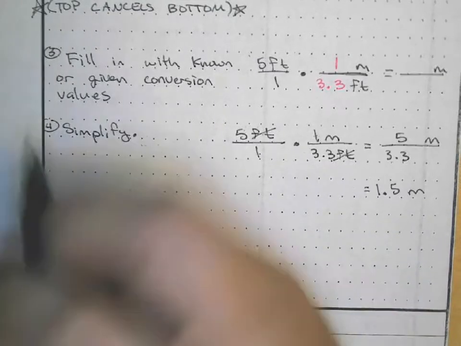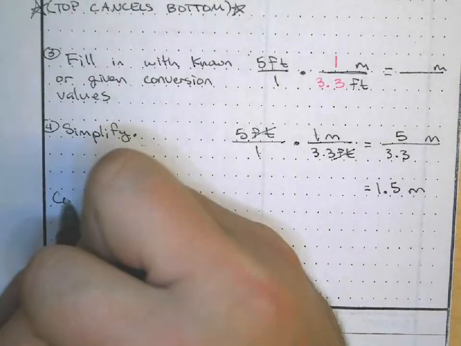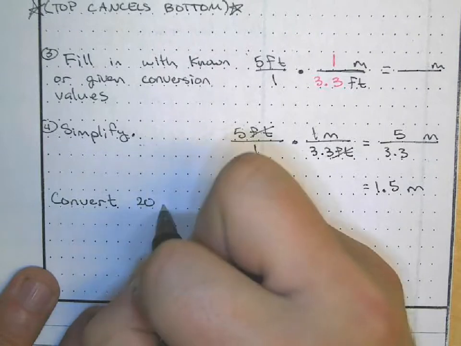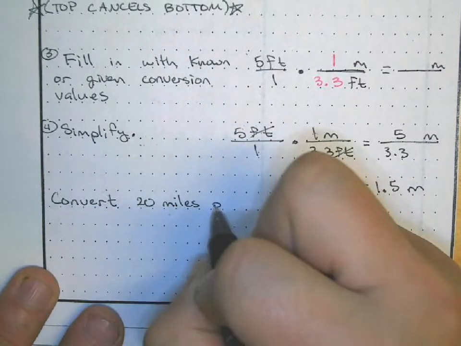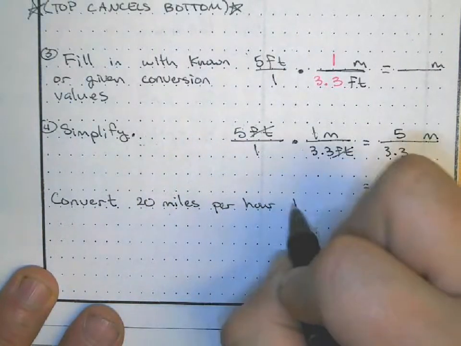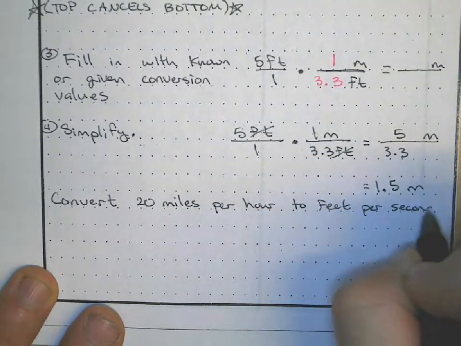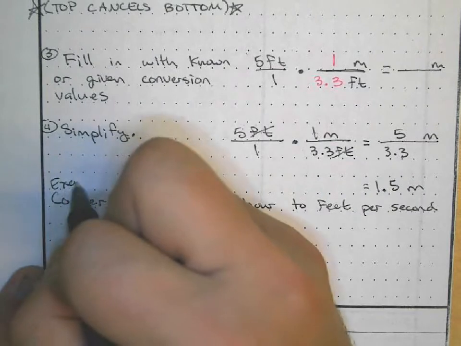So for this problem, we will convert 20 miles per hour to feet per second. This is my example.